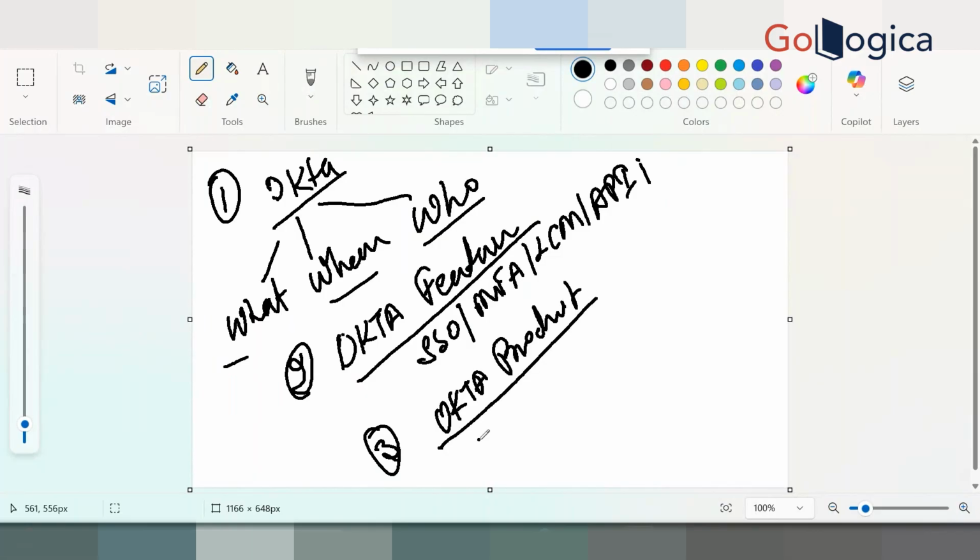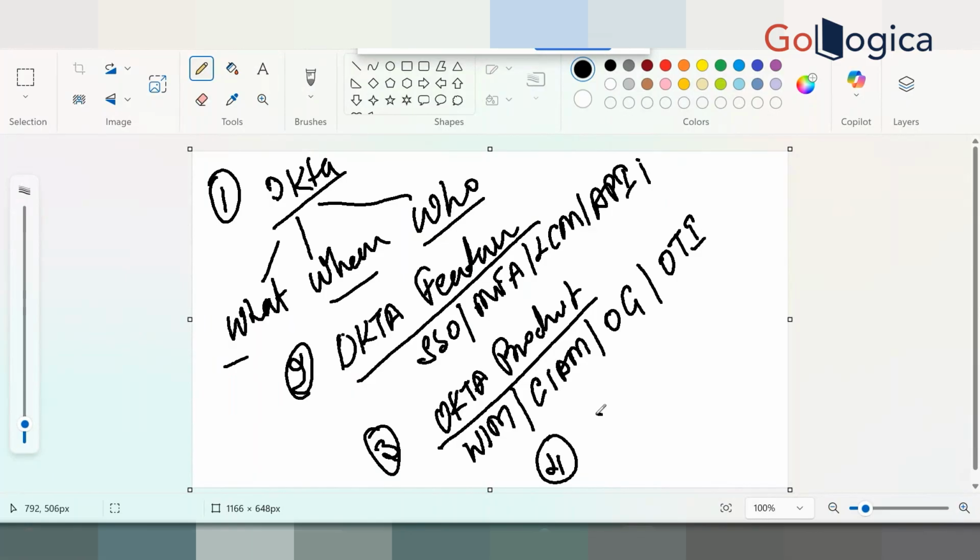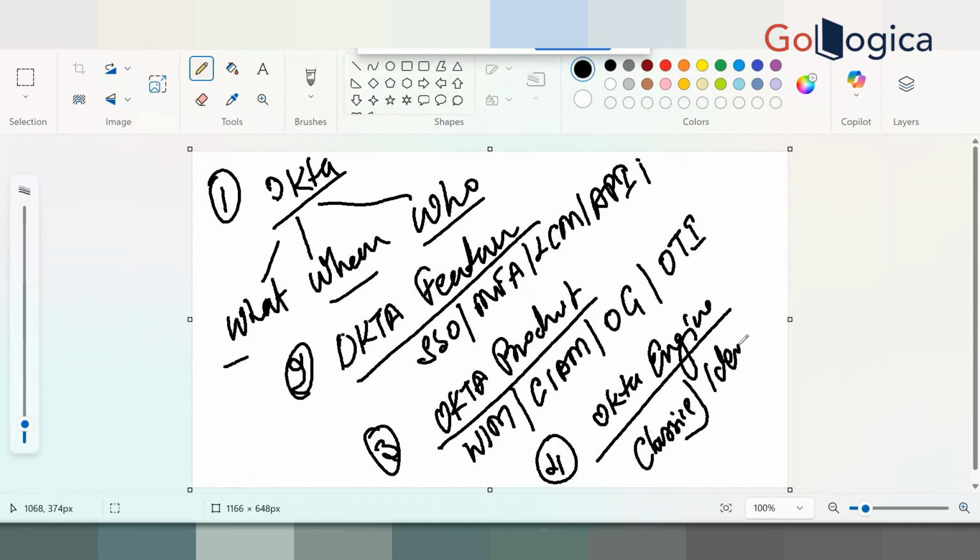Okta has four products: workforce identity management, customer identity access management, Okta governance, and Okta threat intelligence. Fourth, we got to know the Okta engines: the Classic Engine and the Identity Engine, which is the modern one.